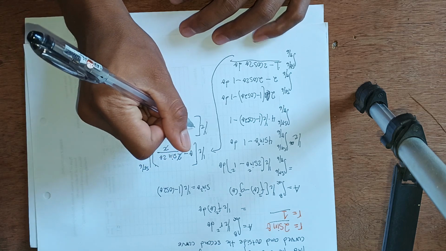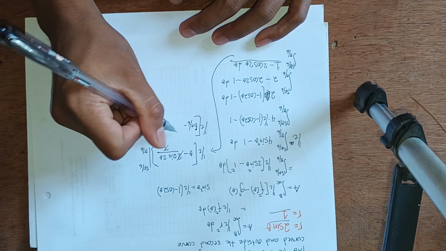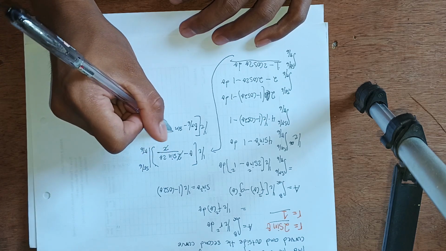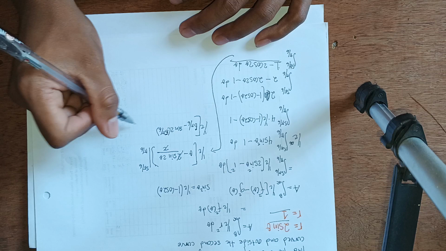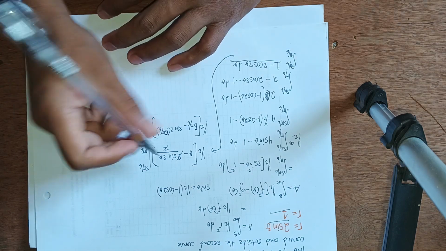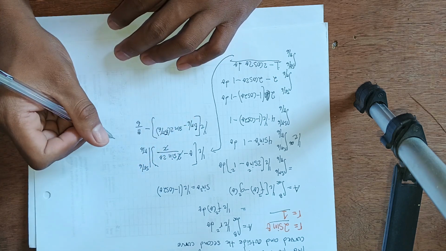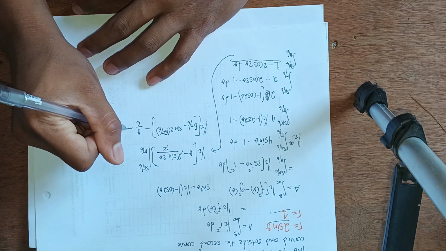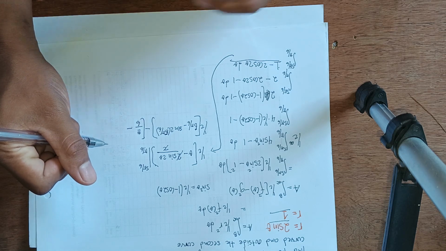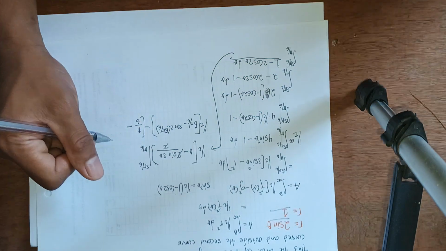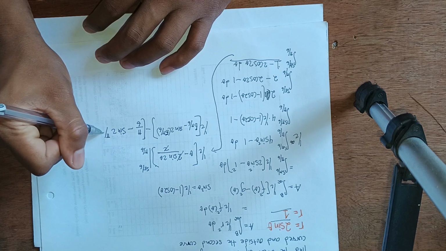So 5 pi over 6 minus sine 2 theta, 2 times 5 pi over 6, so minus this 5 pi over 6, substitute 2 theta, minus sine 2 times pi over 6.